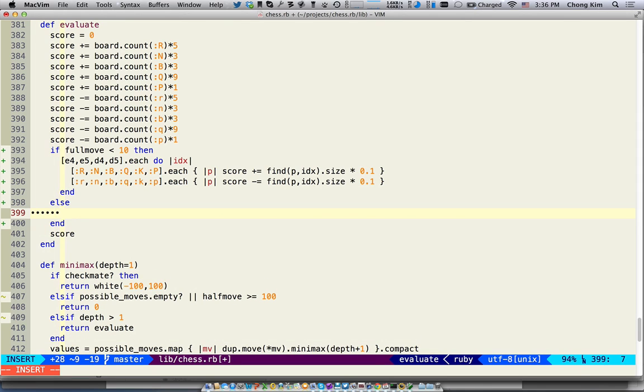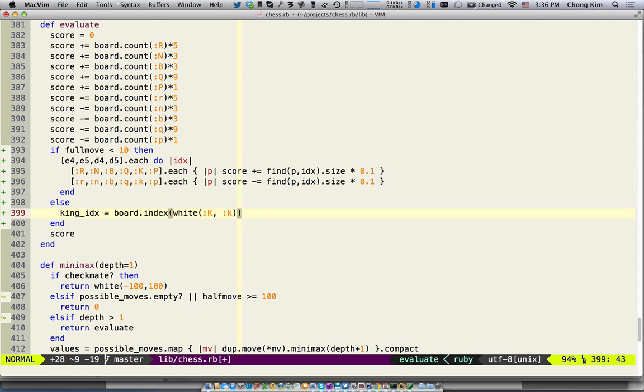Okay, so where is the king located? So king index is, if you're white, then we say board dot... actually, we can just board index. If you're white, you're looking for a capital K, otherwise a lowercase k. Okay, that's the king position.